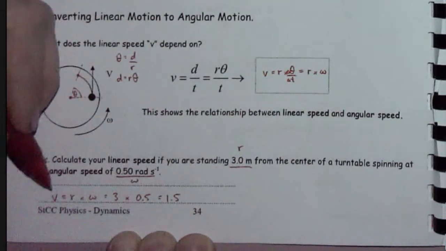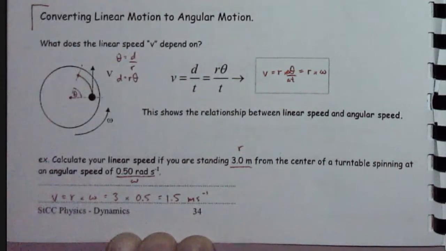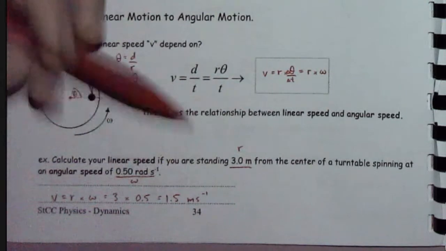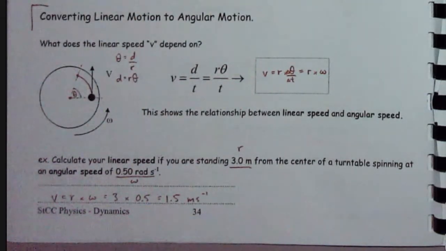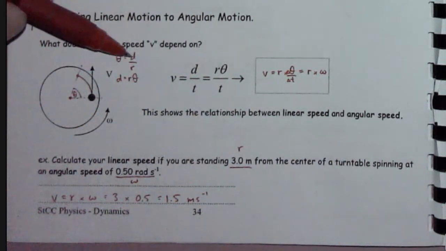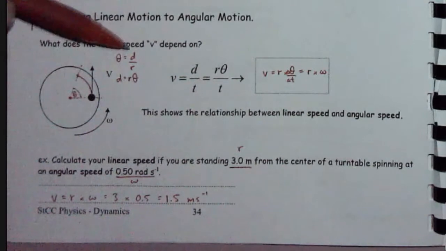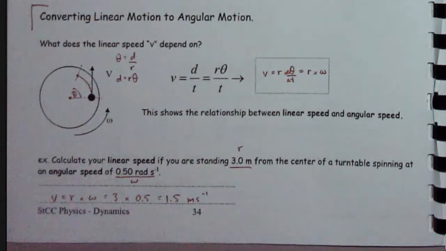And we've worked out a linear speed, so that's meters per second. Remember, the reason the unit radian drops out is because the radian is really the ratio between a distance and another distance, the arc length and the radius, so the unit meters cancels. The radian is really unitless in terms of physics.